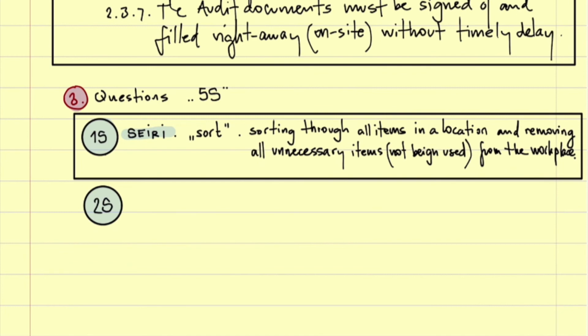It's called Seiton. Okay, also Japanese, Seiton, which means set in order. Erstmal aussortieren und dann Ordnung schaffen.